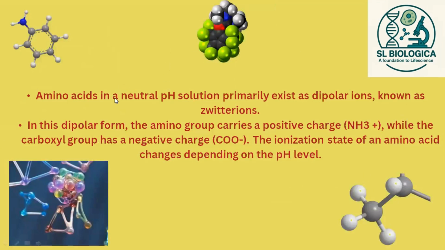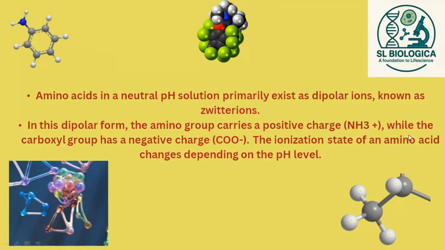Then this amino acid in neutral pH solution primarily exists as dipolar ions. It is known as zwitterion. It has both positive and negative charges. In this dipolar form, the amino group carries a positive charge, NH3 plus, while the carboxyl group has a negative charge, COO minus.